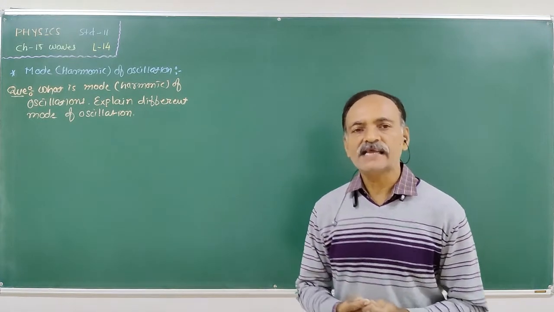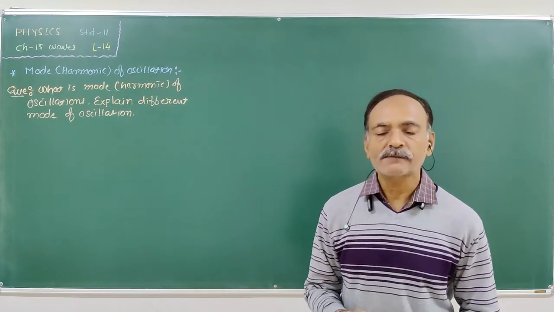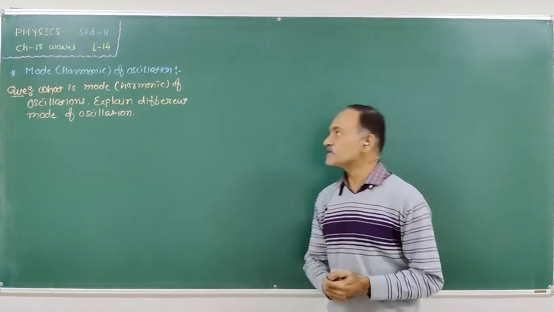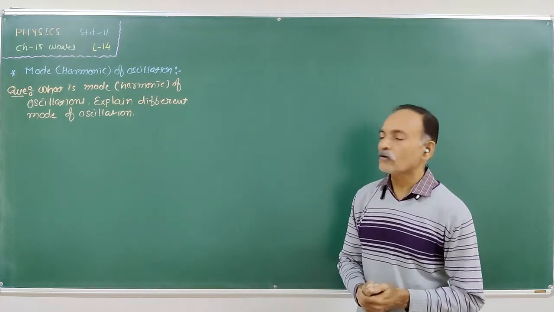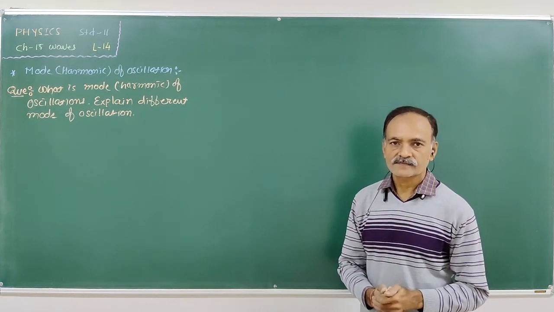The system oscillates with whatever harmonic or mode of oscillation takes place in the system. So the question is: what is the mode or harmonic of oscillation? Explain the different modes of oscillation.